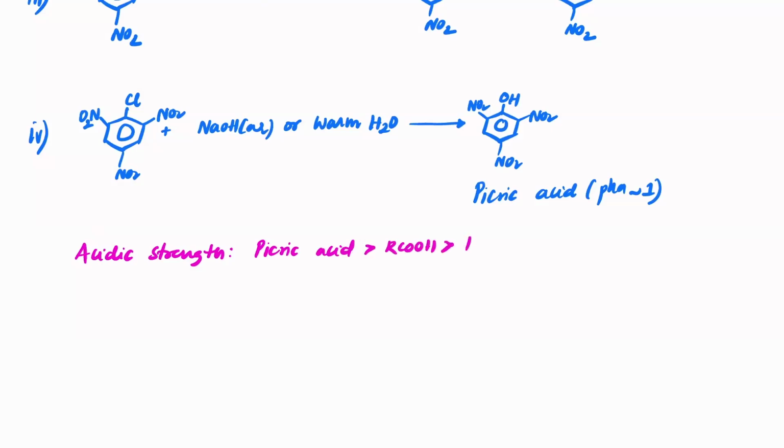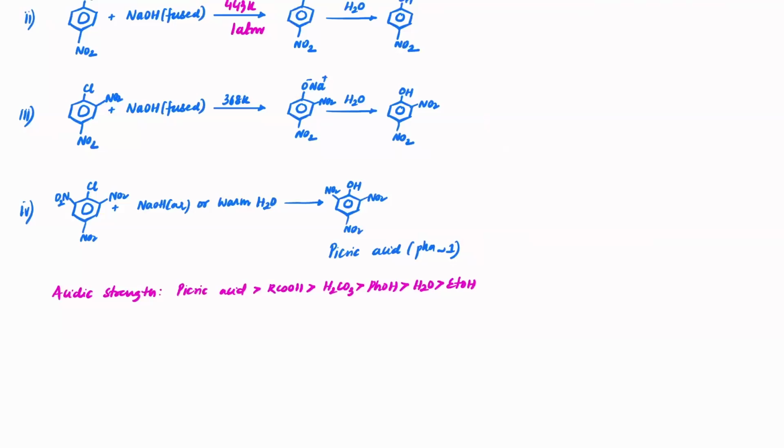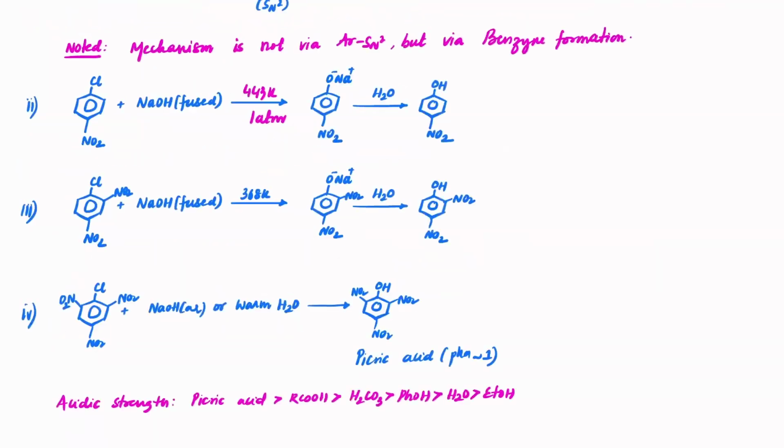It is more acidic than carbonic acid, that is H2CO3. It is more acidic than phenol. It is more acidic than water and alcohol, right? This is the acidic strength. So picric acid is quite some acidic compound here. Clear? So this is the first point you need to understand how the reaction works.